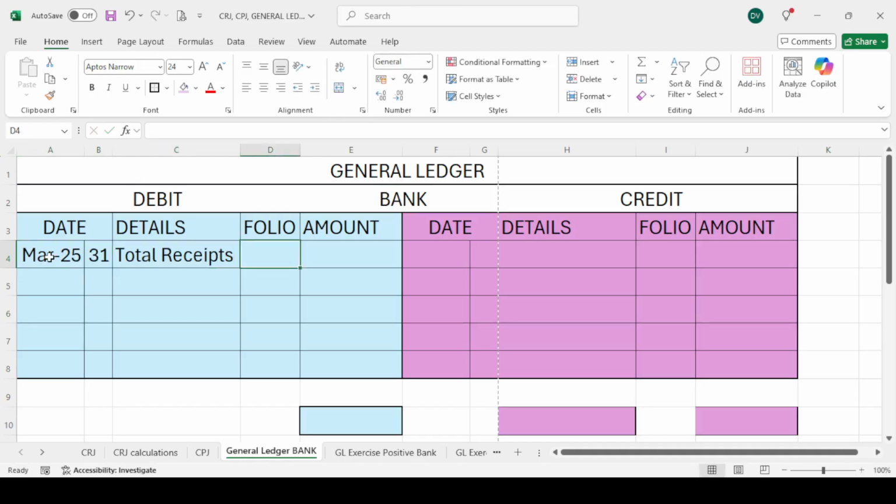You now have to fill in the folio. You have to show where this amount came from. It came from your CRJ, and you fill in that amount, 986550.00. That was the total of your bank column on your cash receipt journal.